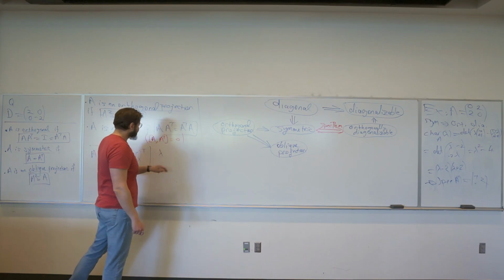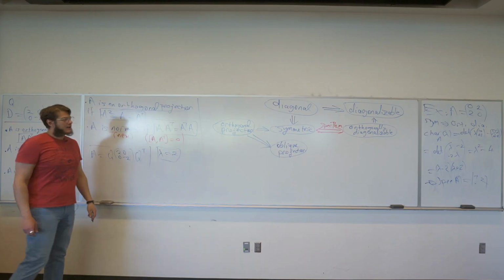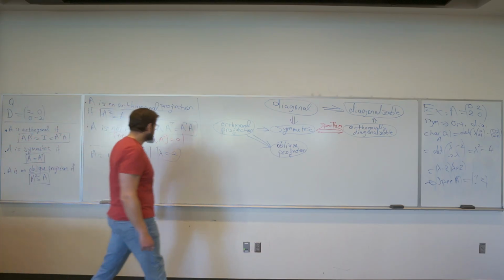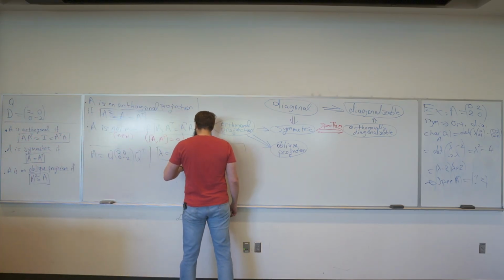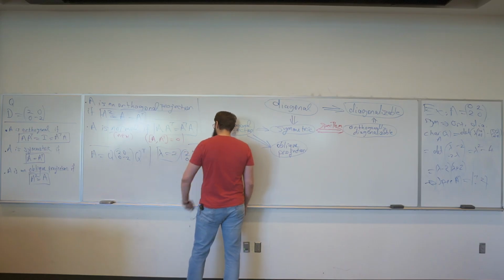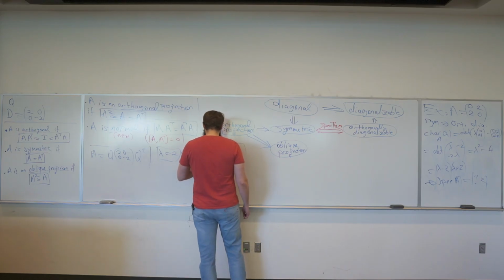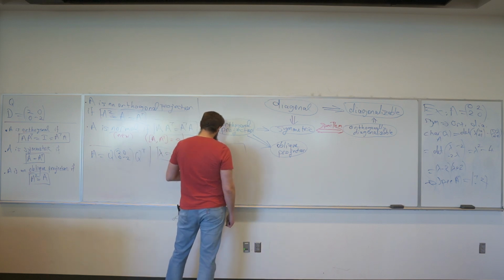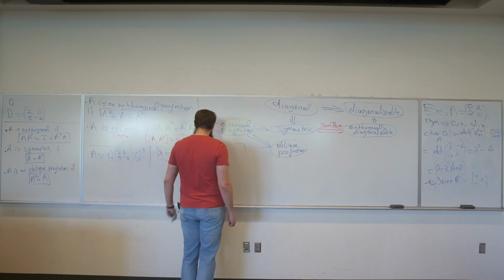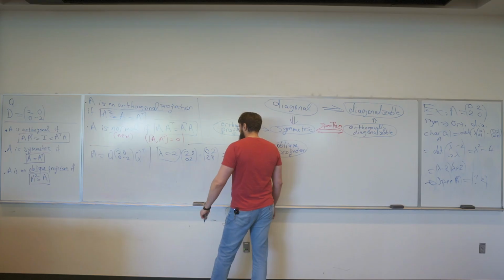Well, for lambda equals 2, I just need to look at this. I'm going to delete it in a second. This minus 0, 2, 2, 0, which is just 2 minus 2, minus 2, 2.